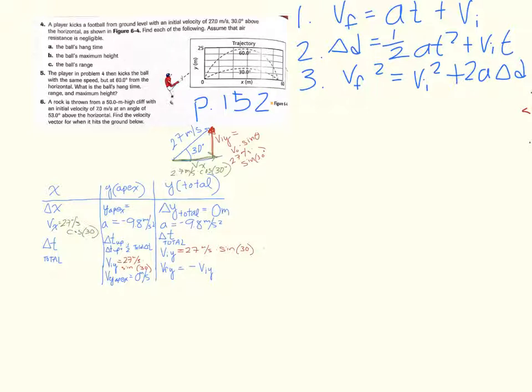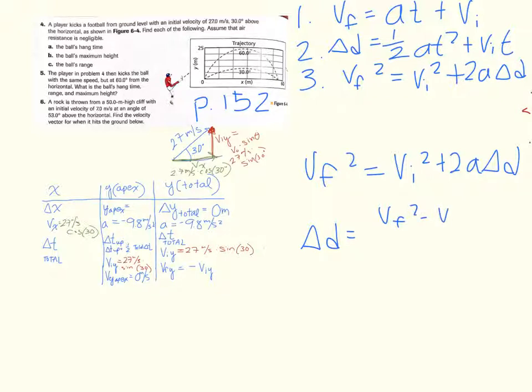I'd prefer to just use v final squared is equal to v initial squared plus 2a delta d, because I can very easily solve for delta d. That's going to be v final squared minus v initial squared divided by 2a, and I know that my v final is going to be 0.